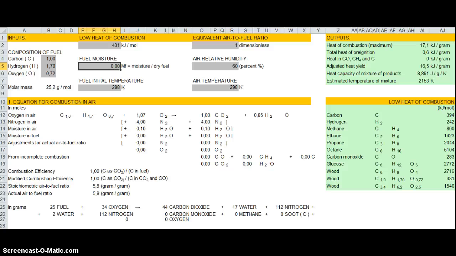Let's look now at the effect of fuel moisture in the combustion process. So we start with dry fuel, zero water. It doesn't mean that there is no water in dry wood. There is always some water bound in the wood itself.